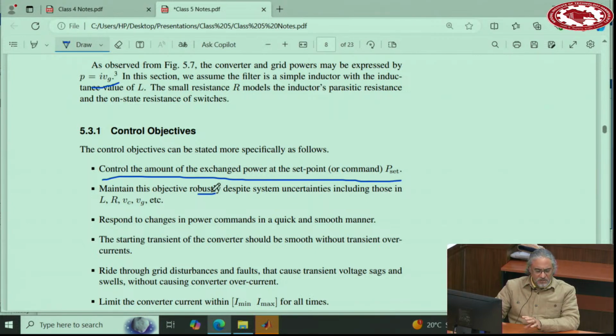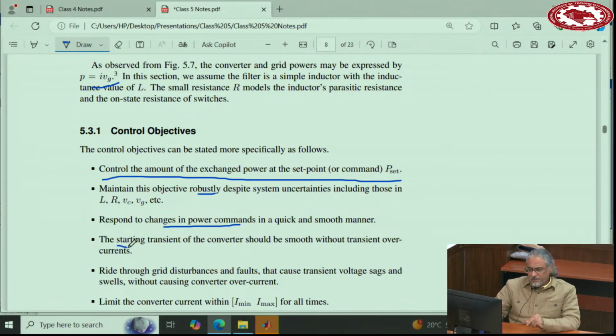Robustly means if parameters or variables in the system change, disturbances or parameters, L, R, Vc, Vg, the control must be robust. And when you apply a command, let's say you are operating at 10 kilowatt, you want to suddenly decrease the power to 9 kilowatt. It should respond quickly without oscillation. That's a good tracking.